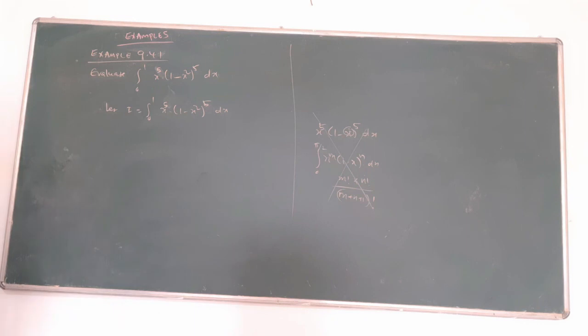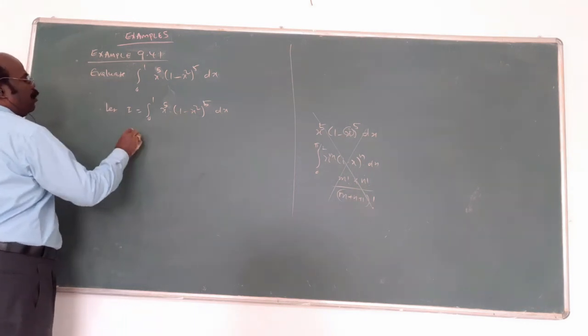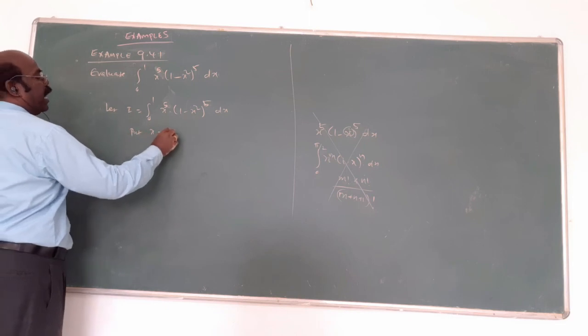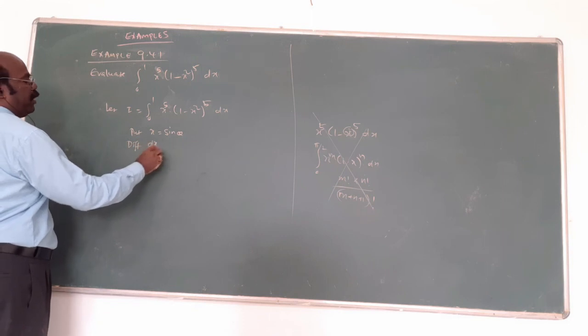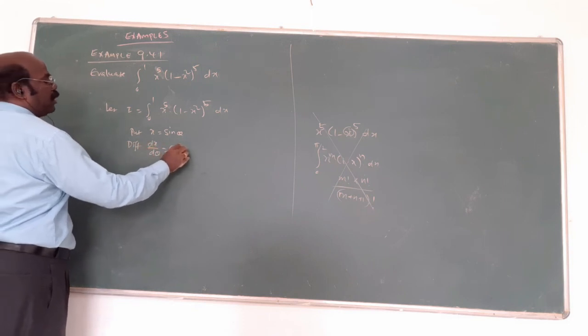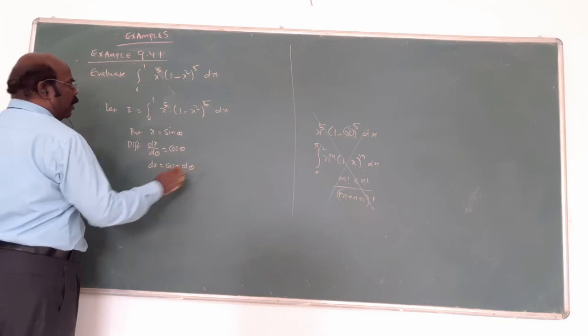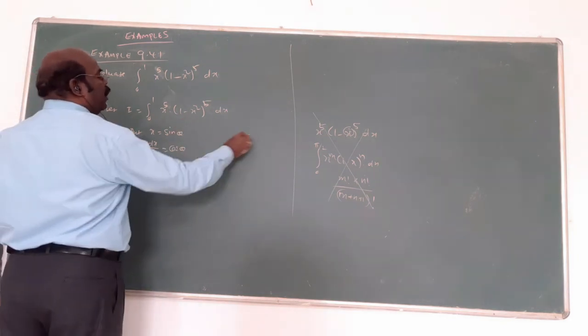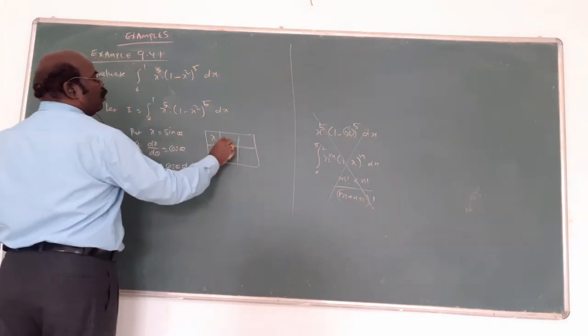Now the substitution method. Inside the bracket 1 minus x square is there, so I put x equal to sin theta. Differentiating, dx by d theta is cos theta; cross multiply, dx equals cos theta d theta. Now you want to change the limits also. The x limit is 0 to 1.